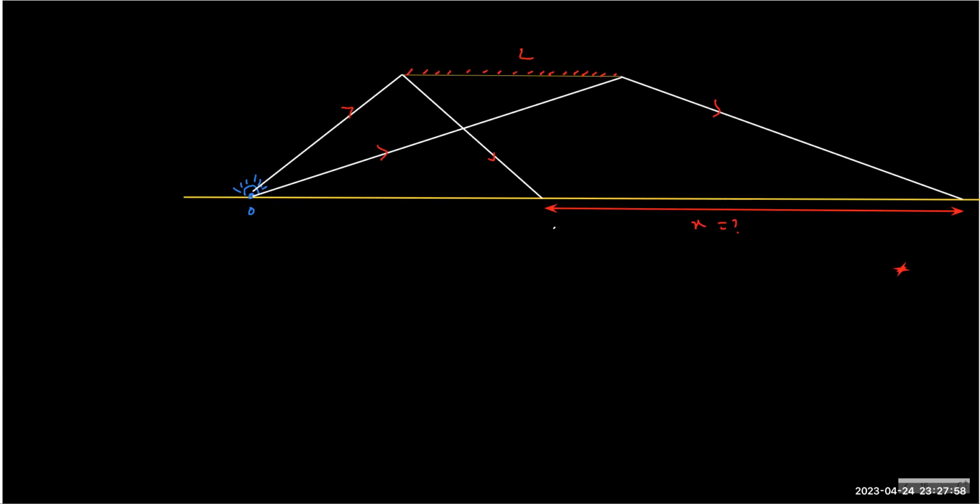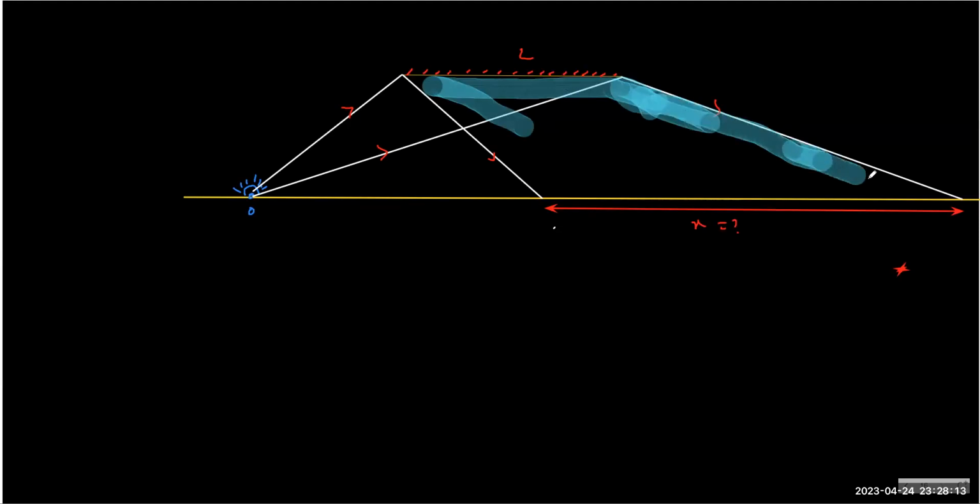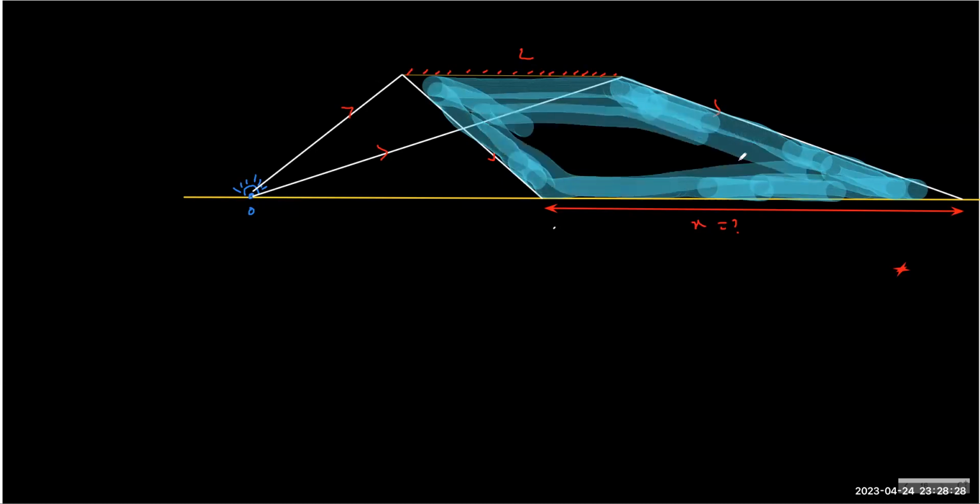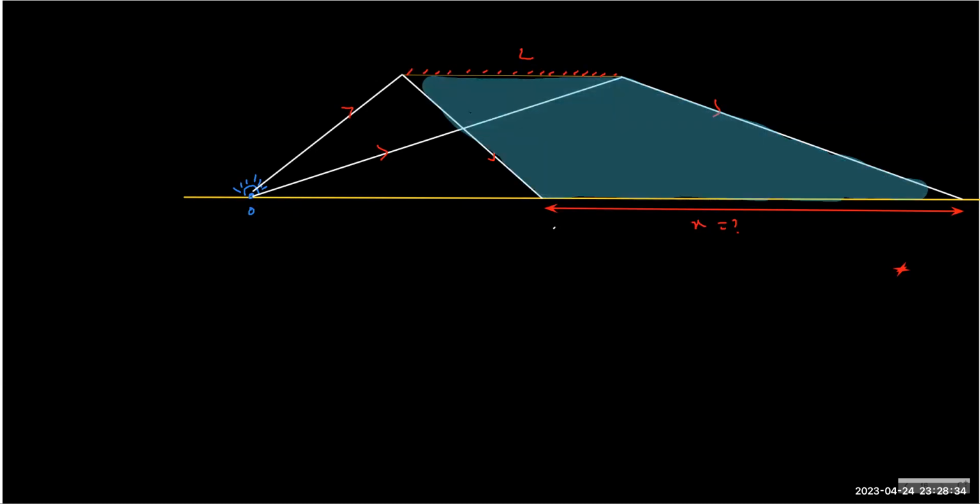So the light falling after reflection, which area can you see? What is X?